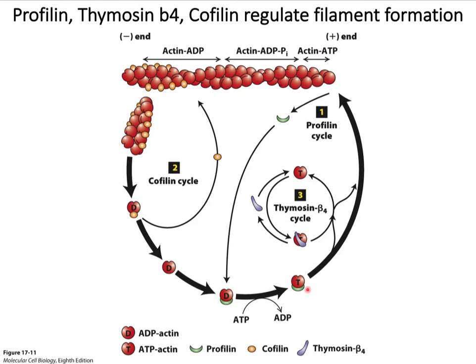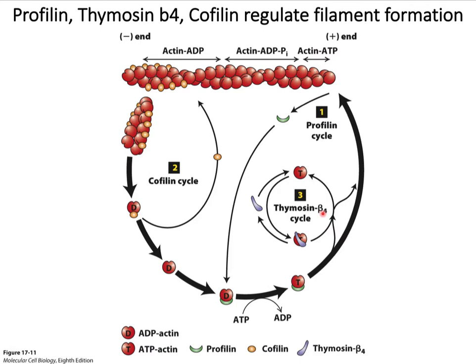An example of a G-actin sequestering protein is thymosin beta 4. Thymosin beta 4 can bind to the ATP G-actin, as shown here in this gray structure, and prevents incorporation of this particular monomer to the plus end of this filament.